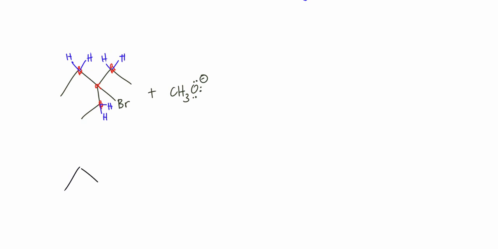And if we have CH3O minus, we want to drop the halogen and draw a double bond between every possible alpha carbon and beta carbon.